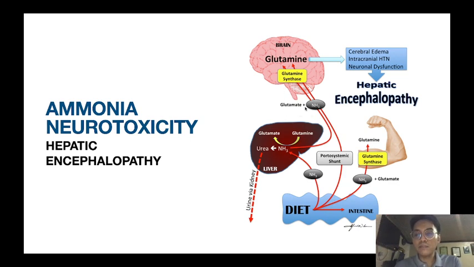At itong glutamine, guys, it will cause cerebral edema, intracranial hypertension, and neuronal dysfunction causing hepatic encephalopathy. Okay? So yun ang kanyang pathophysiology. The ammonia will combine with glutamate by the use of glutamine synthase, and the glutamine, ito talaga yung very toxic sa brain, causing edema, hypertension, and neuronal dysfunction.